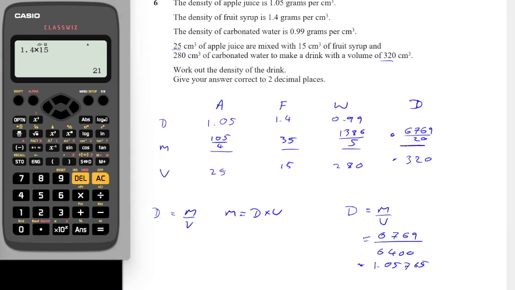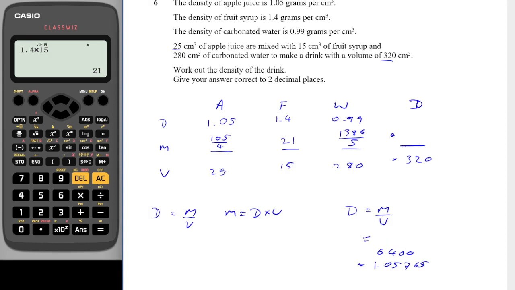So I've just been back and checked some of my values, and I've actually got the wrong value here. I must have done the wrong sum at the time. That should have been 21, which changes this value slightly. So I'm just going to change some of these because I was slightly out with my answer.